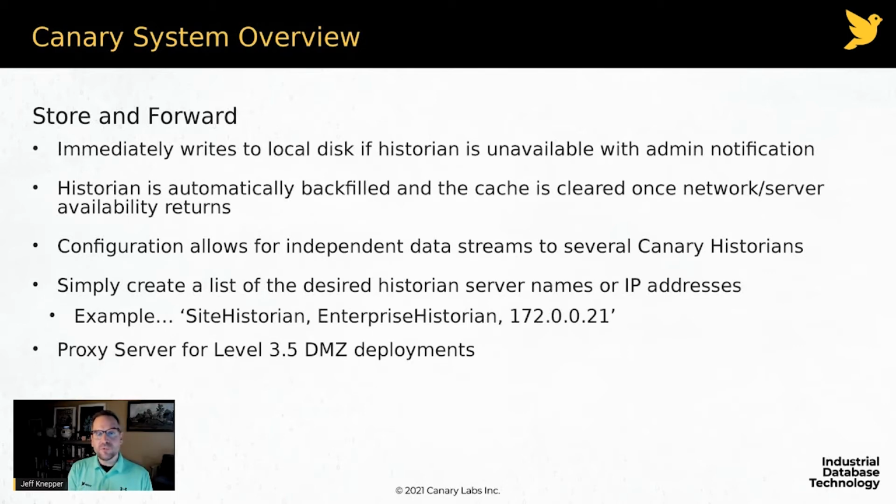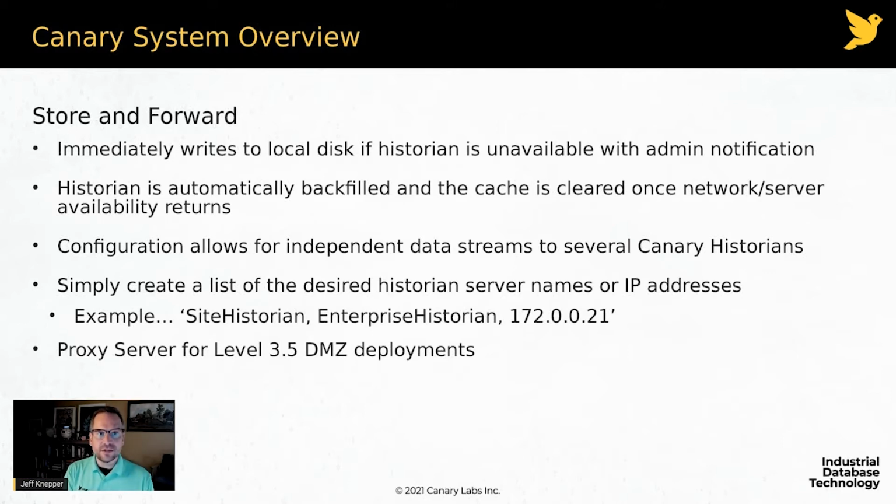Additionally, we allow a single data logger or one of these drivers to target multiple historians. Think of each one as maybe a primary or redundant site historian, or a historian that's local as well as one in the cloud or at corporate.